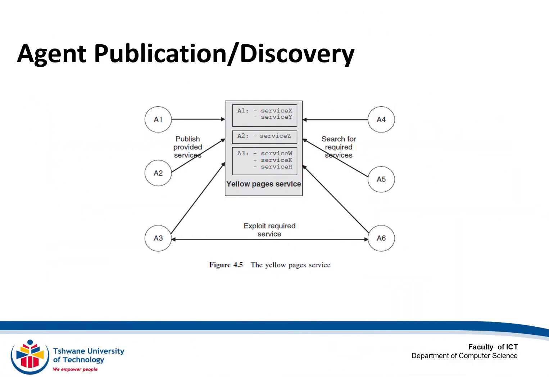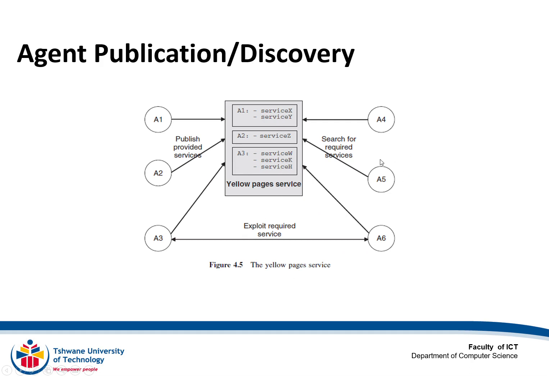All right. I spoke to you about the directory facilitator, which is basically used for the publication and discovery of software agents. So if you look at this particular diagram, agent 1 has basically two services, service X and Y. Agent 2 has service Z. Agent 3 has services W, K, and H. In this particular case, agent A6 wants to exploit services that belong to agent 3, which is why you see this relationship between them.